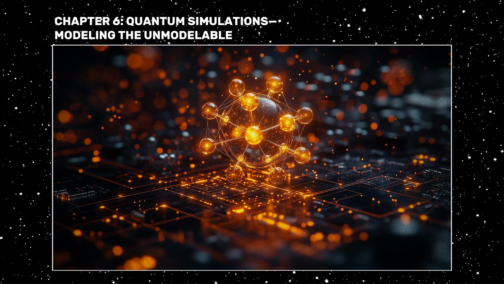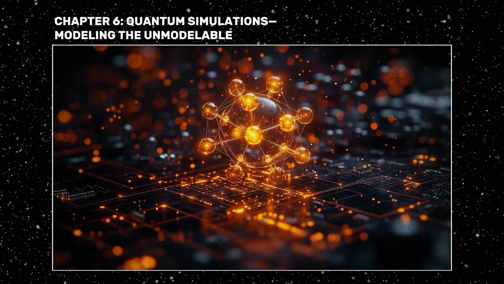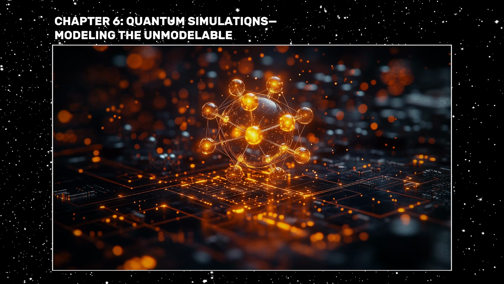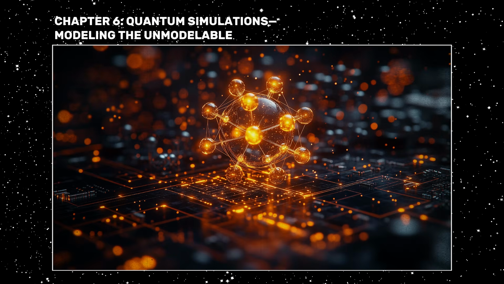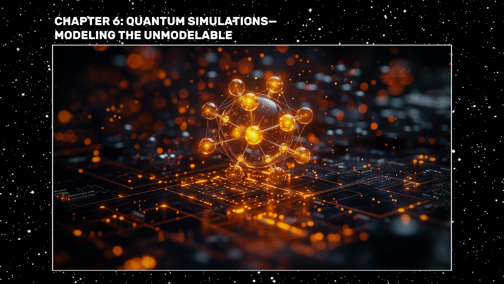Benchmarking protocols leverage known symmetries and conservation laws of target models to validate simulation accuracy. These mitigation methods bridge the gap until full error correction becomes feasible, enhancing the utility of near-term quantum simulators.